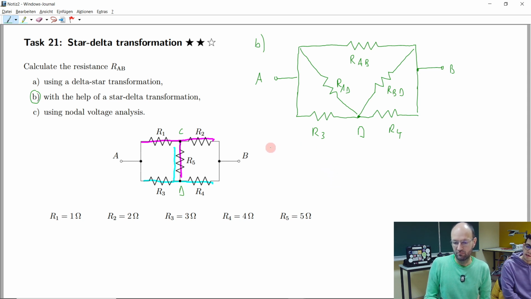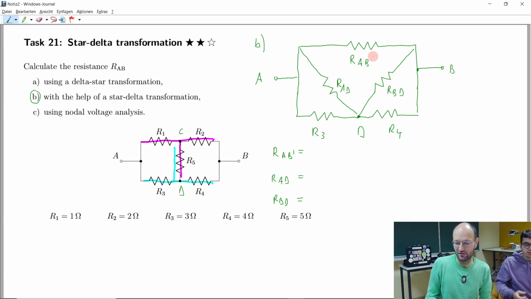And then of course we need formulas to find RAB, RAD and RBD from the star-delta transform. And we will do this in a second.